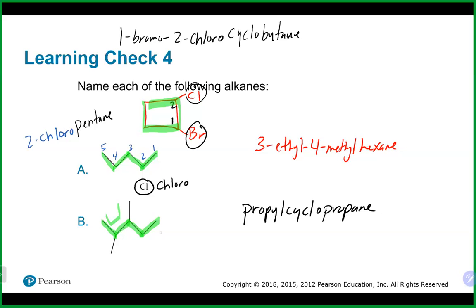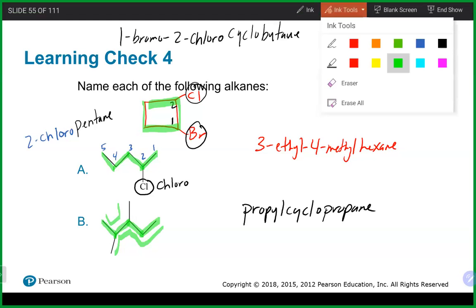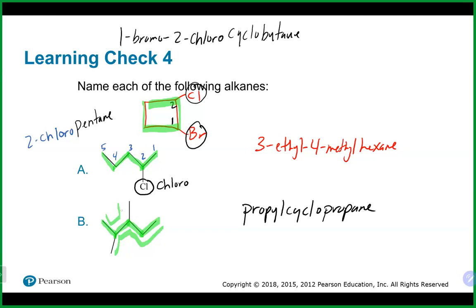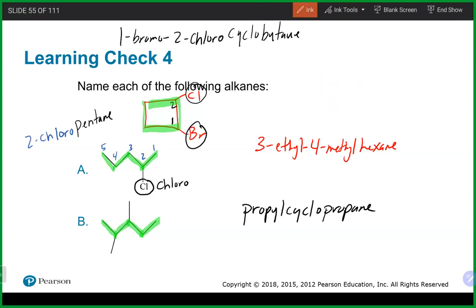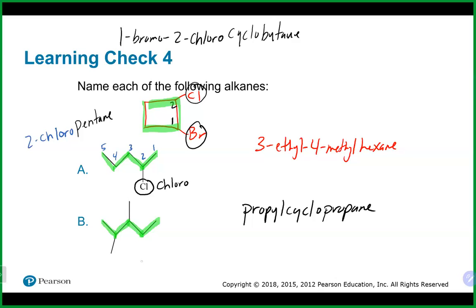If we started over here, 1, 2, 3, 4, and 5, so that's the same as going the other way. So we might as well stick with going 5 straight. Looks like the longest. We'll get rid of some of this here. So the 5 straight will still be pentane as the base of this name.